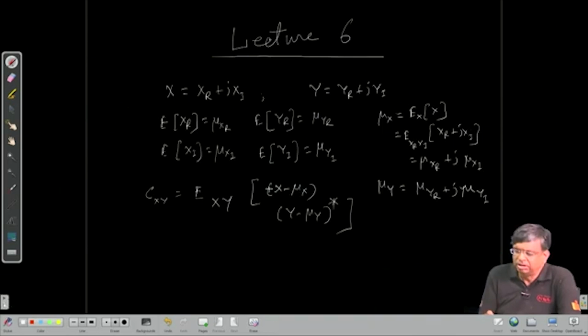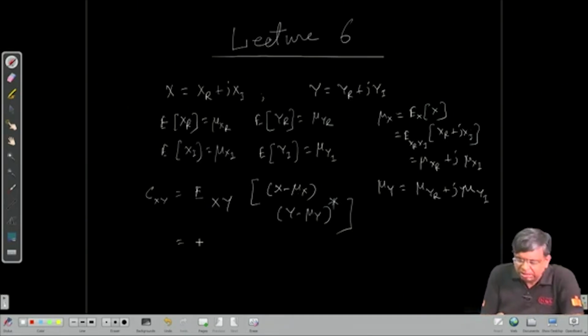So, x minus mu x is the increment over the mean, y minus mu y is the complex increment over its mean, and star, and you are multiplying them and then taking average. So, suppose x and y are highly correlated. So, when you multiply x minus mu x and y minus mu y, you will get a good product. If you take the magnitude and average them, it will be high.